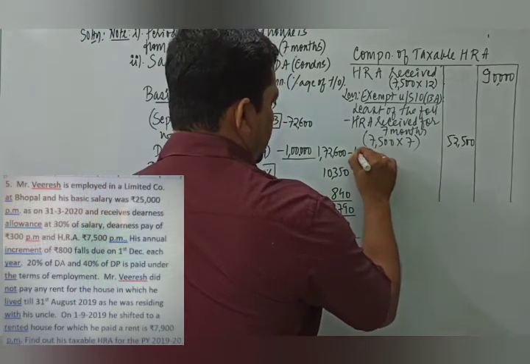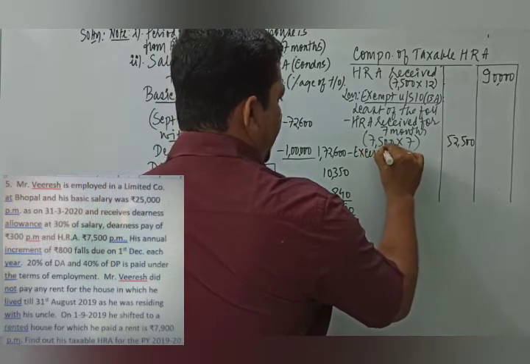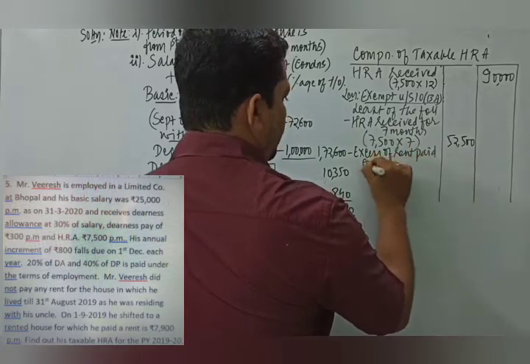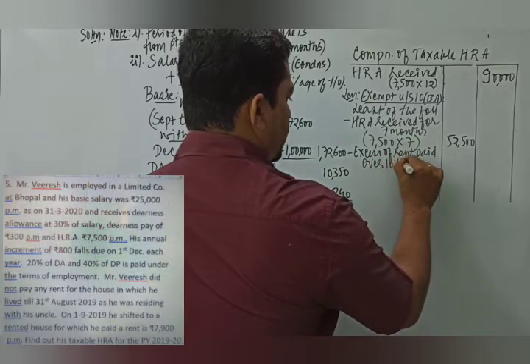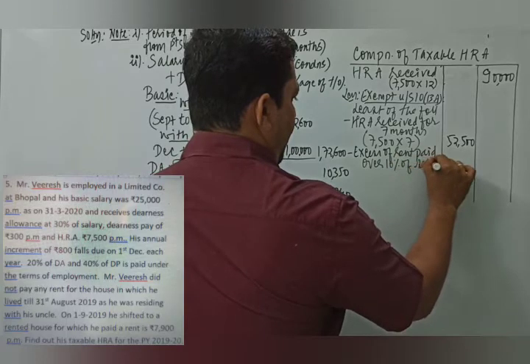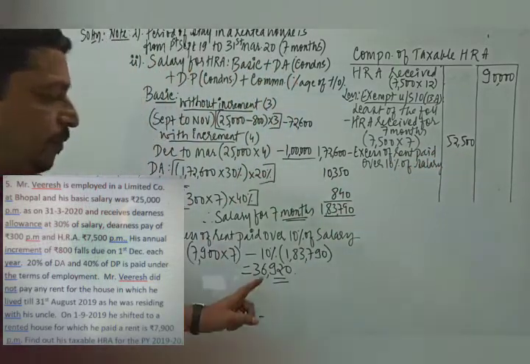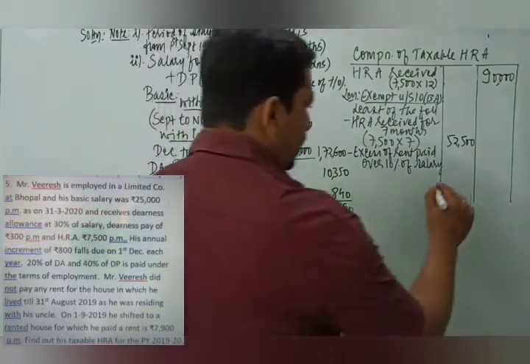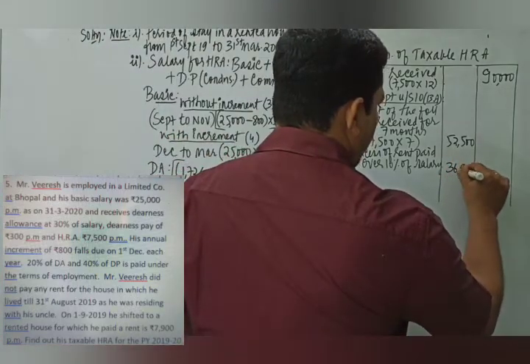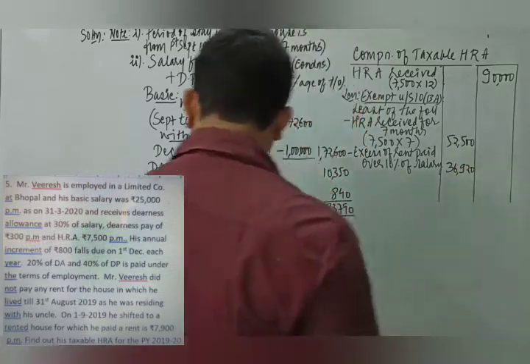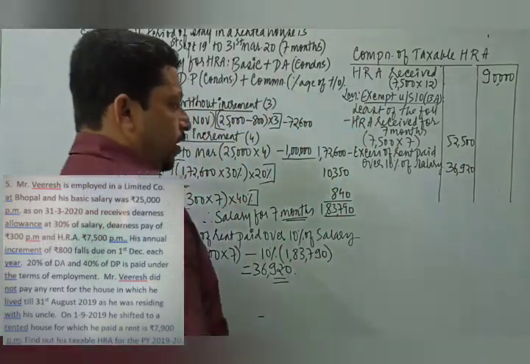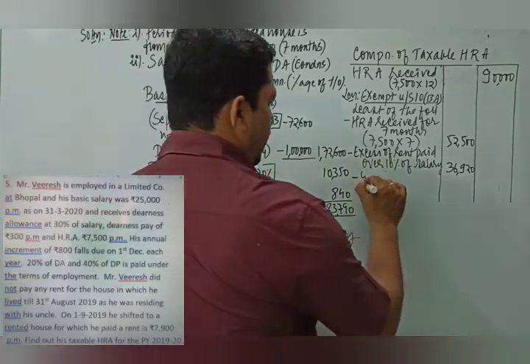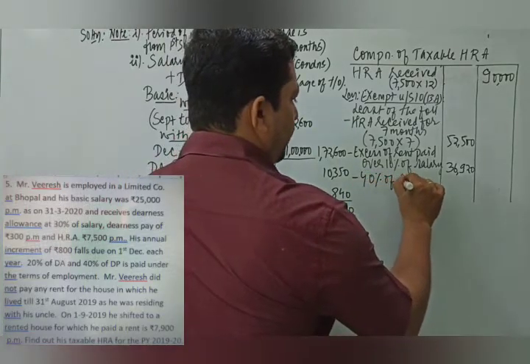Then next is excess of rent paid over 10% of salary. We have already calculated that number. Excess of rent paid over 10% of salary works out to 36,920. And since Bhopal is a non-metro city, it is 40% of salary.